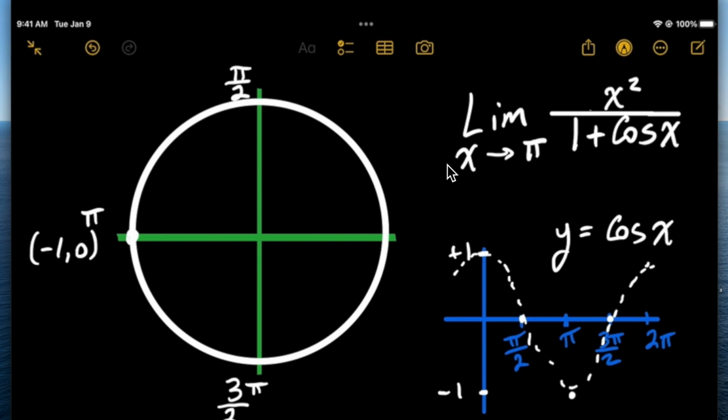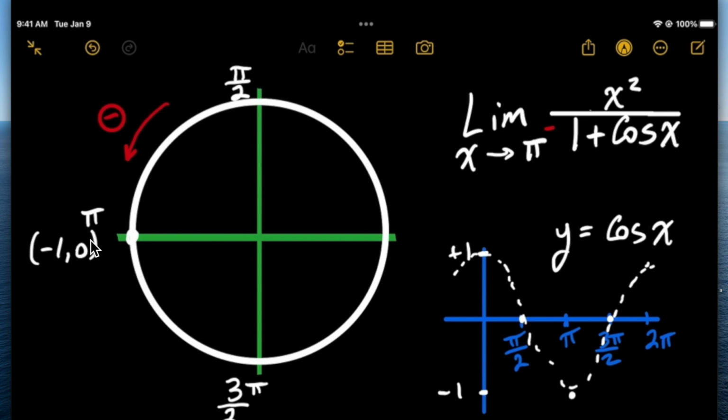Okay, let's now look at this limit using the unit circle. And we're going to do as x approaches pi from the negative, from the left. If you look at the graph, y equals cosine of x, when you're approaching pi from the negative, you are going from pi over 2 towards pi. So this is the portion of the unit circle we're going to be looking at to evaluate the limit coming from the left.